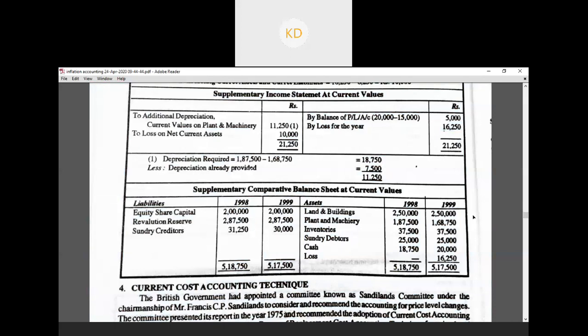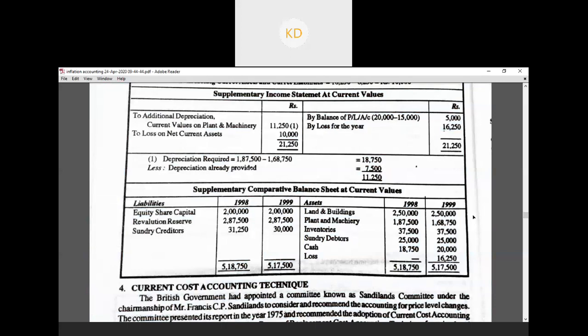So what happens in your current value accounting method? In current value accounting method, each and every asset, each and every liability, all my depreciation, everything has to be changed. I calculate depreciation, I calculate monetary gain and monetary loss, then I apply it on my P&L account, then I calculate my final balance sheet with the help of the new converted values.